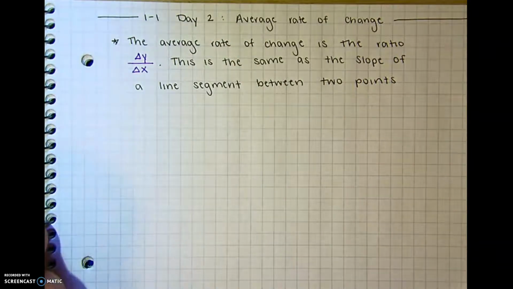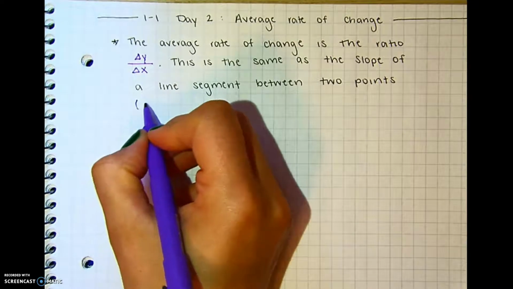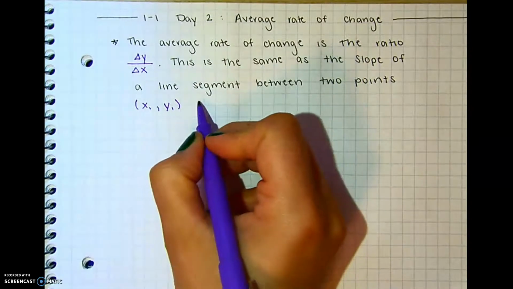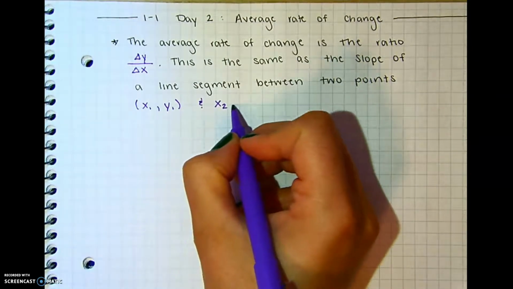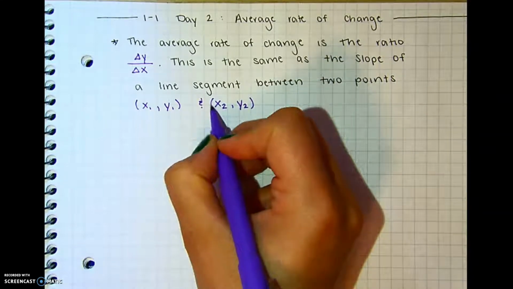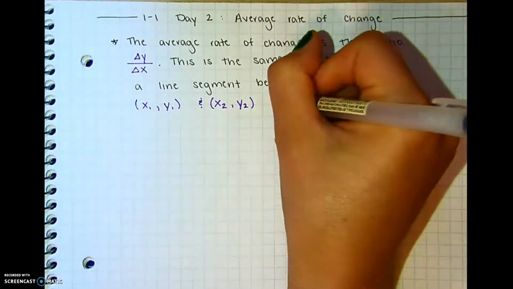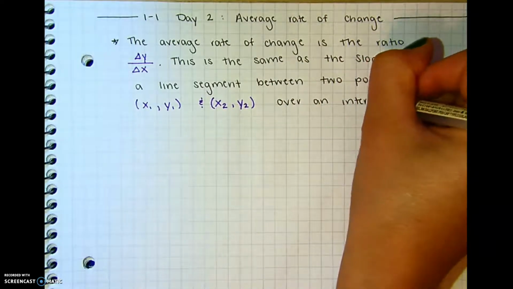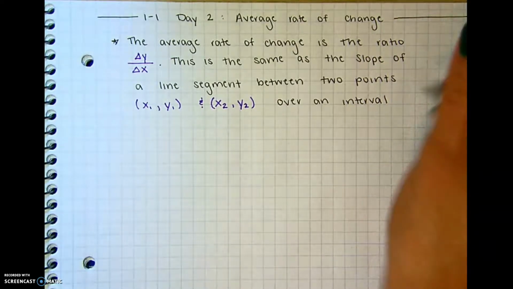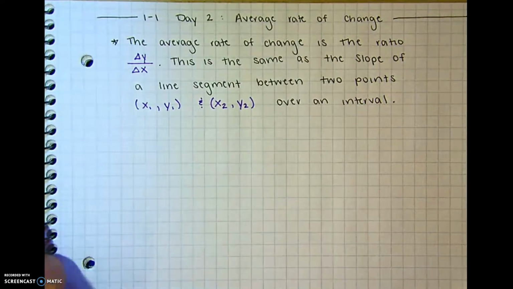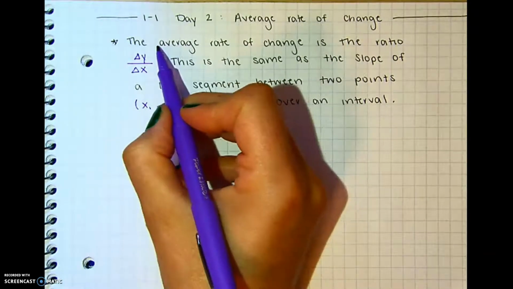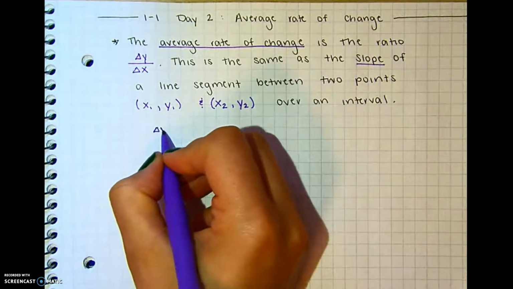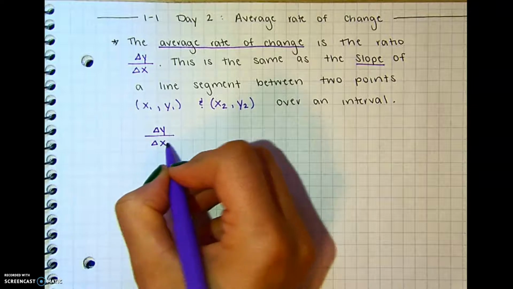So the points are x1, y1, and x2, y2 over an interval. So average rate of change is the same as slope. So change in y over change in x.